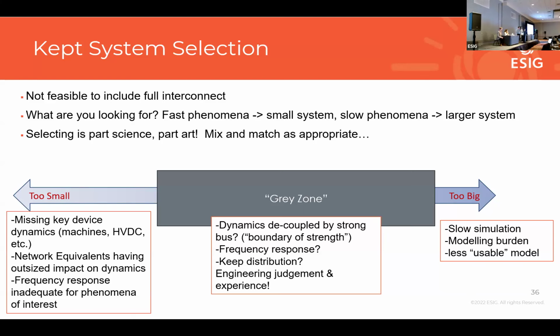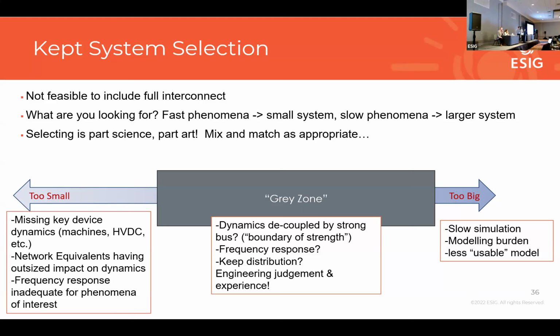But if we're looking at slower phenomena, something like a dynamic performance study, then generally we will want to model a larger system, and we don't necessarily want to focus so much on a tiny portion, because it's not feasible to add that much detail to a bigger system.